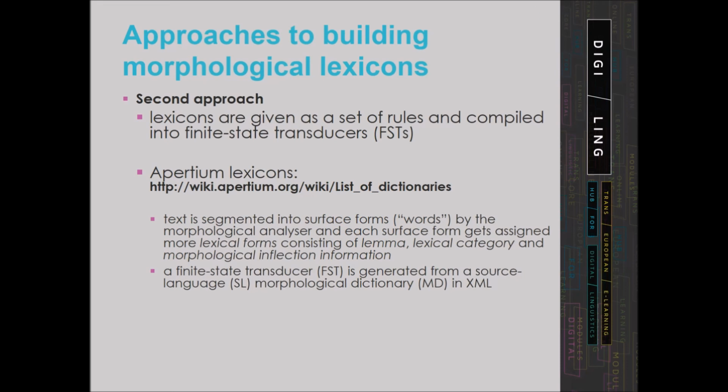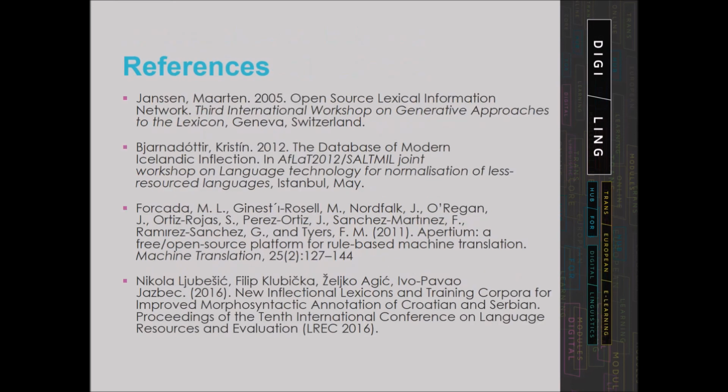It reads a finite state transducer generated from a source language morphological dictionary in XML. And here, finally, you have the references describing the approaches to building morphological lexicons we just described in this video.